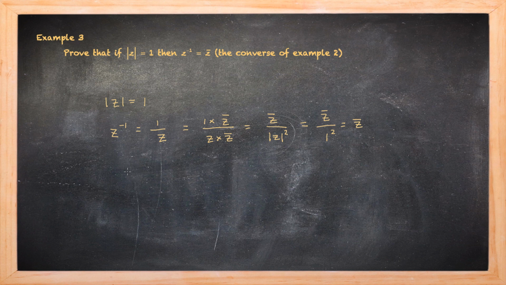So really we can say that the modulus of z being 1 is true if and only if the reciprocal of z is the same as its conjugate.